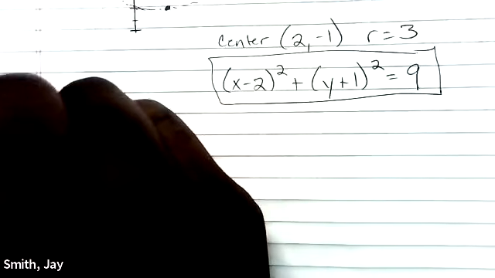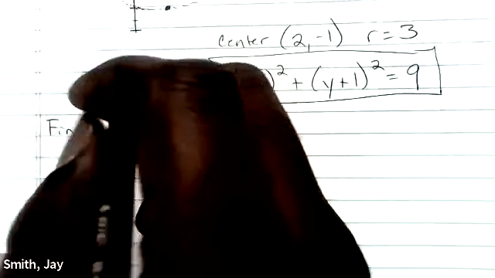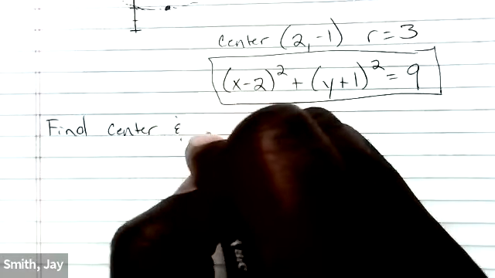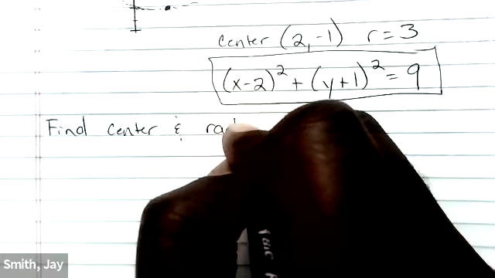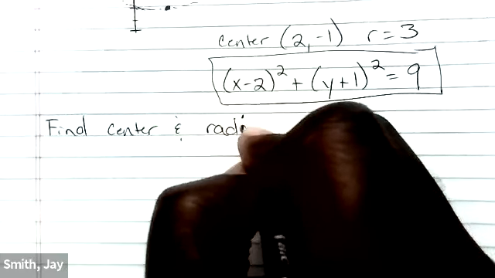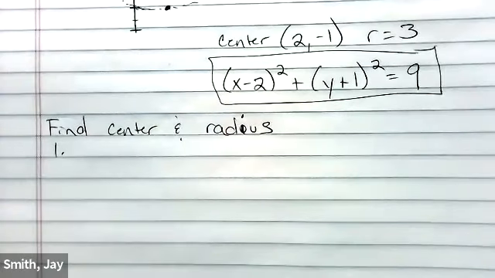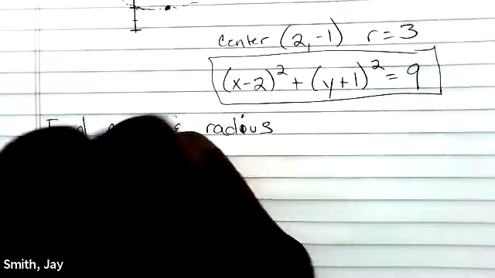So if we have to find the center of the radius, our first step, we're going to group our x's together and our y's together, and then move the constant away.